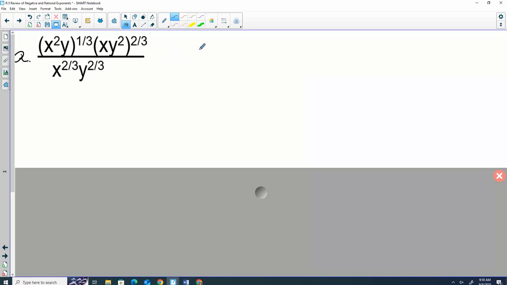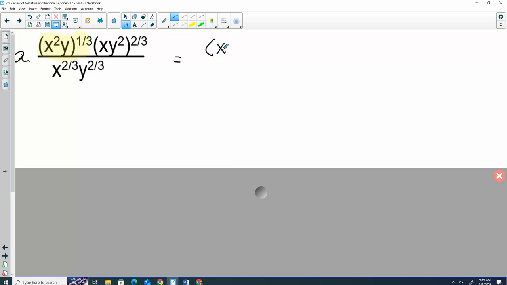So we're first going to look at the top. What would I have to do with this 1/3 power? Distribute. Power to a power we multiply.